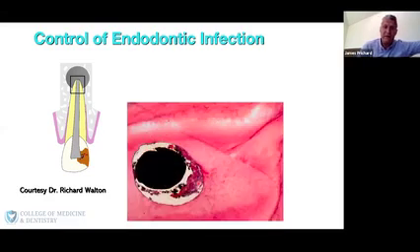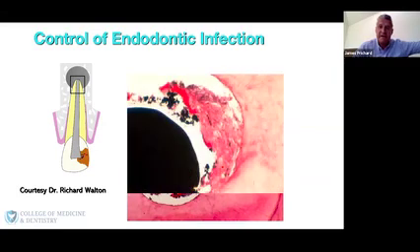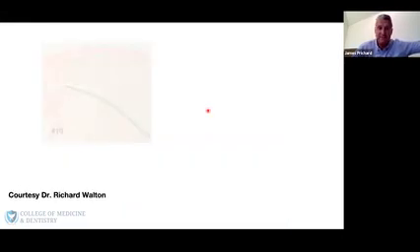And so if we look here, we can see that residual tissue left behind is going to provide a source of nutrients for microorganisms that can potentially perpetuate our endodontic disease. And you can imagine here, if this is also infected with bacteria, then that bacteria has an opportunity to interact with the host either through the apical foramen or through lateral canal anatomy, and then cause persistent endodontic disease.